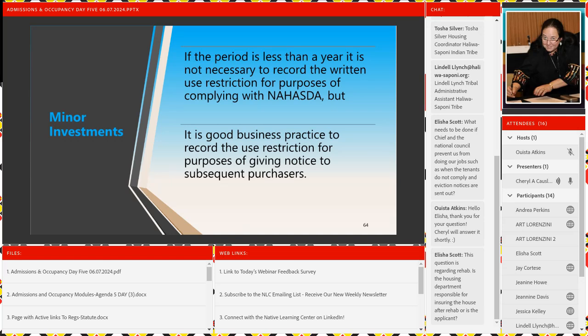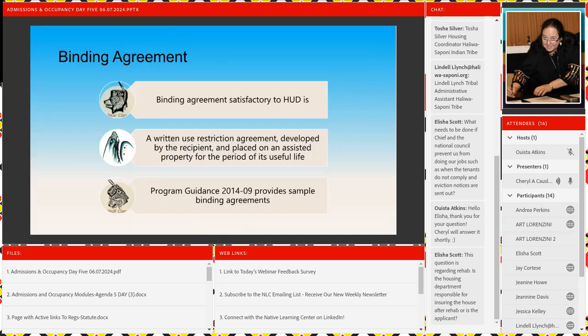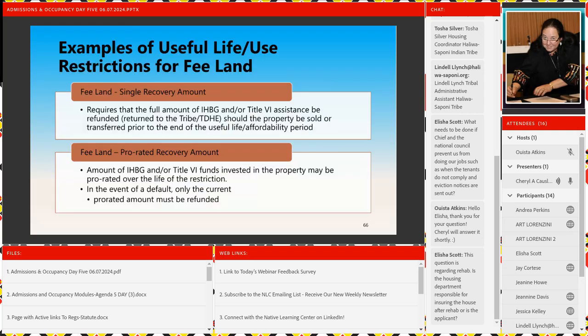But it is a good business practice to record that use restriction for purposes of giving notice to your subsequent purchasers. So the binding agreement satisfactory to HUD is a written use restriction agreement developed by you as the recipient, placed on an assisted property for the period of its useful life. Program guidance 2014-09 provides sample binding agreements.